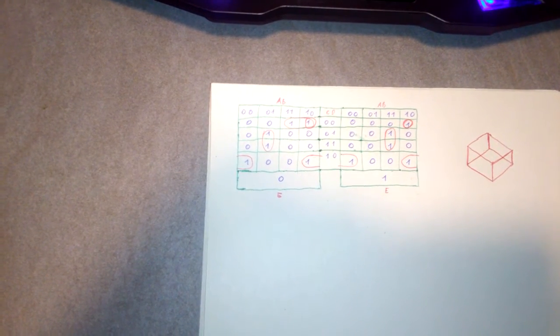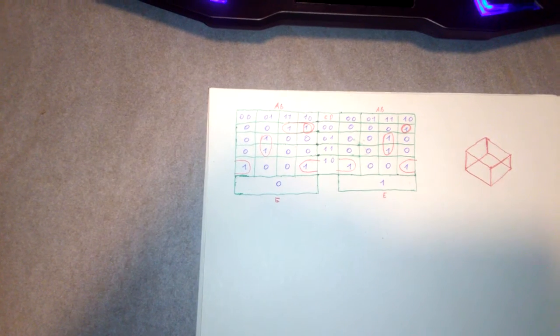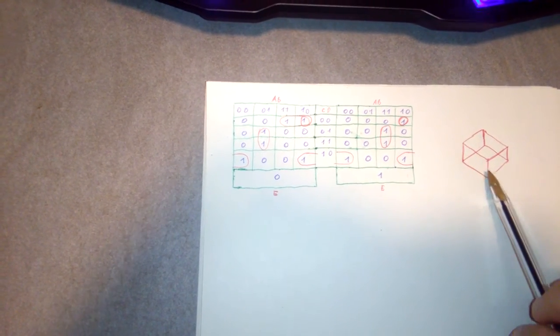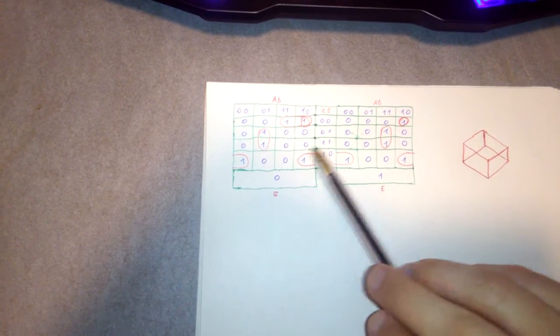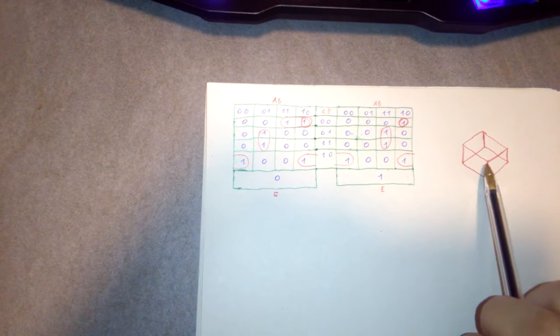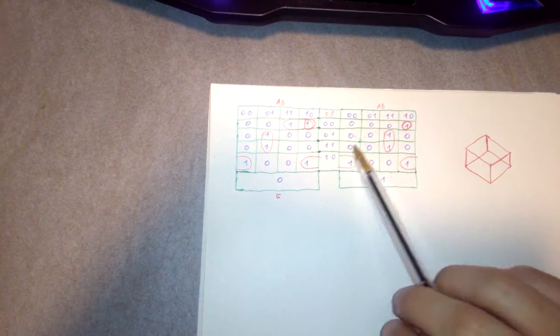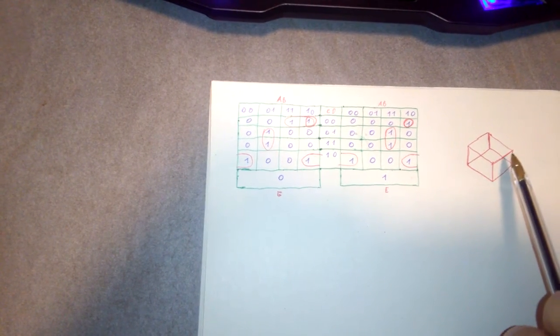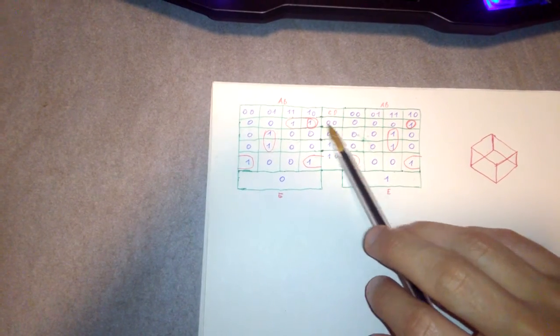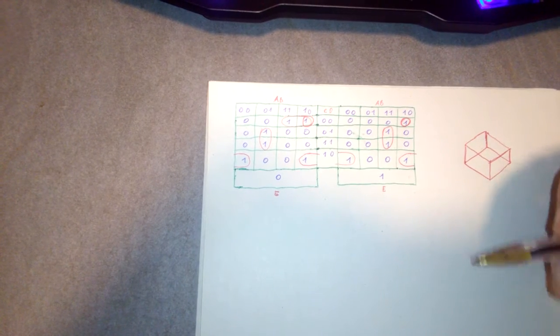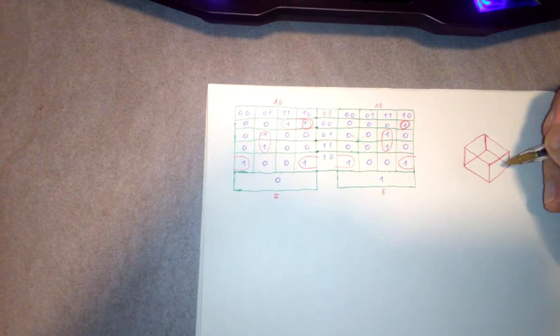Now, to give you a better representation of those, we can actually draw them here and represent them as a plane. So this one is a plane, and this other is the top part, and they are connected. So our prime implicants, so our ones, are actually going to be inside.